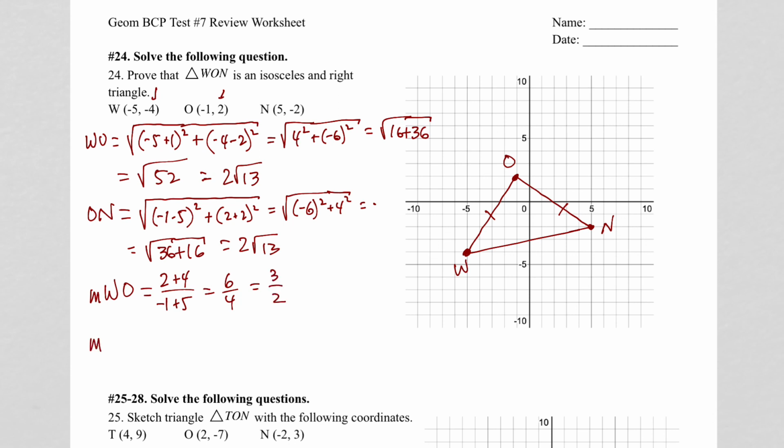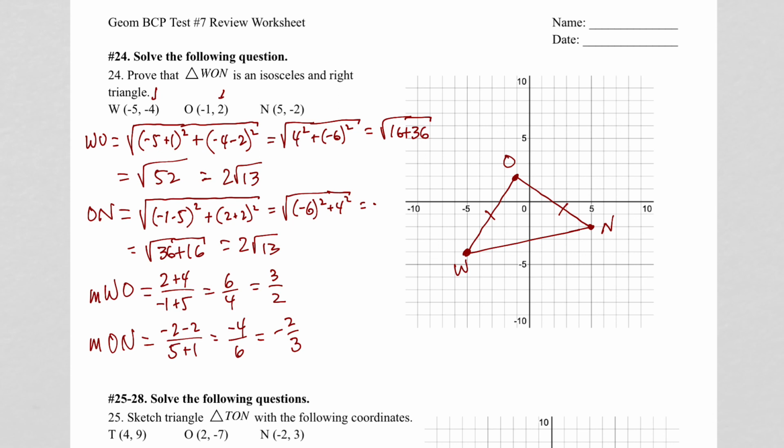The slope of, and now we're doing this one, ON. So here's Y2 minus Y1, -2 minus 2 over X2 minus X1. 5 minus -1 is 5 plus 1, is 6, so negative 4 over 6, which reduces to a negative 2/3. So I can see that these are perpendicular to each other.